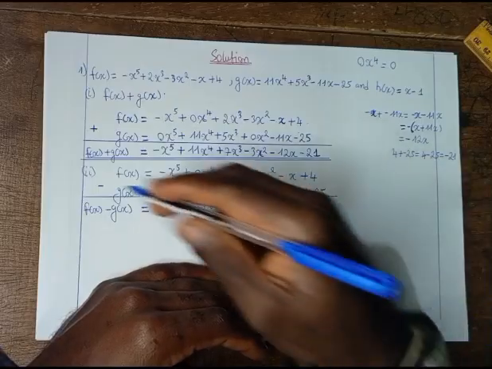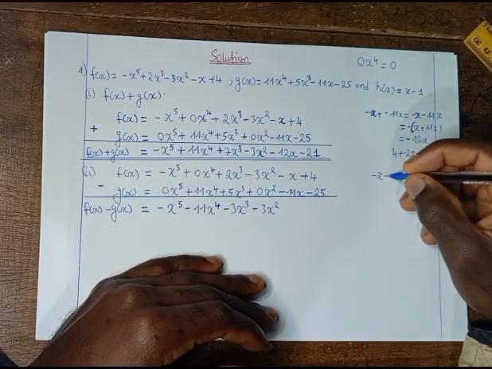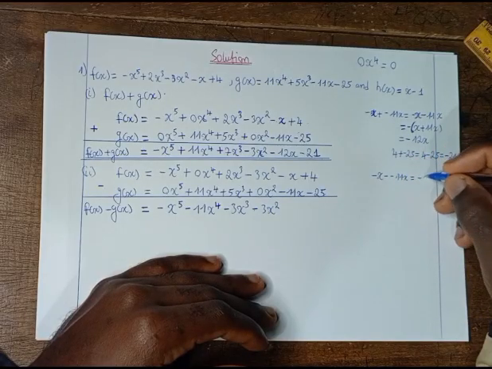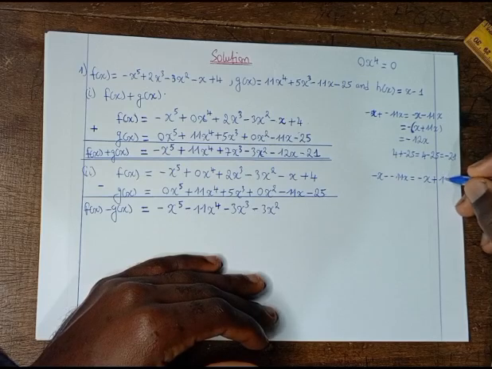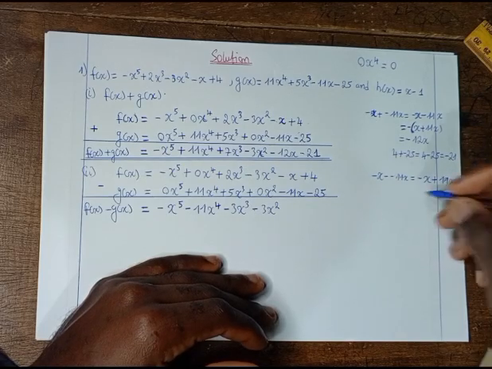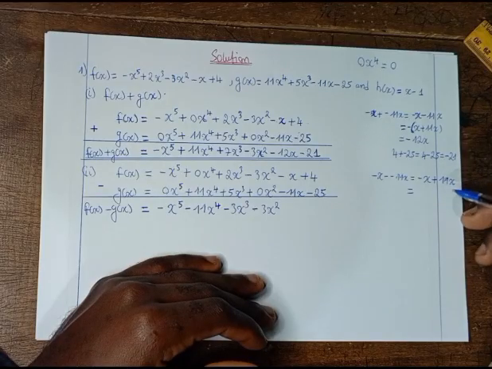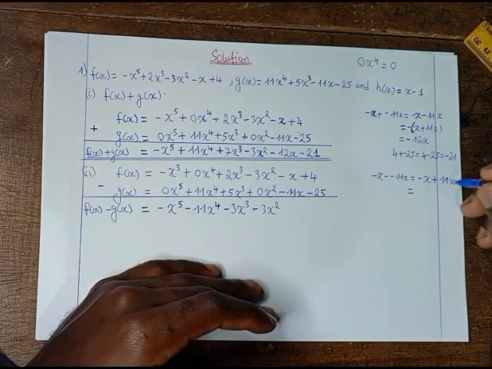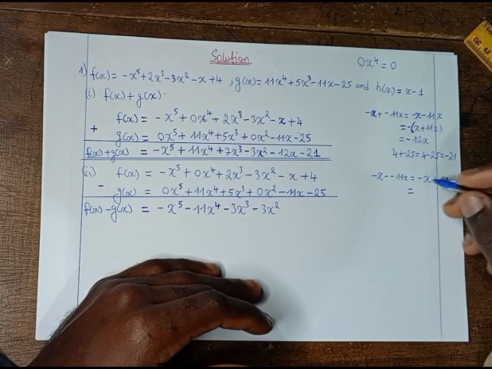Next, negative x minus negative 11x. Negative negative becomes positive. So negative x plus 11x. Their signs are different, so the result will take the sign of the larger term, which is 11x. The result will be positive.